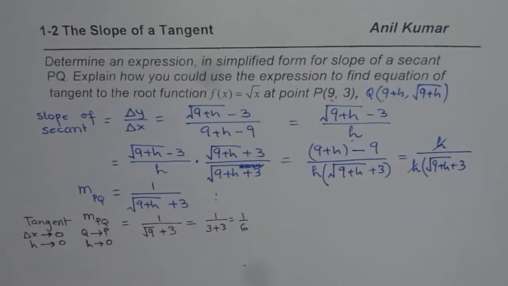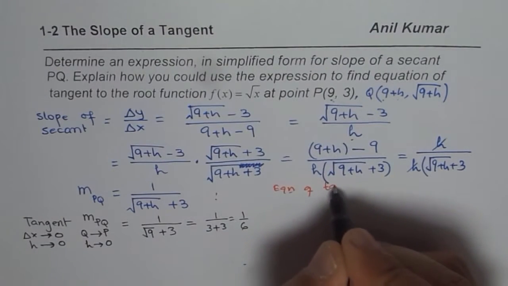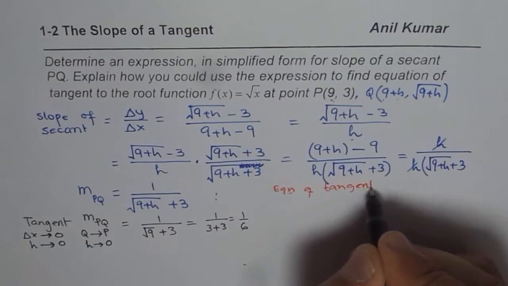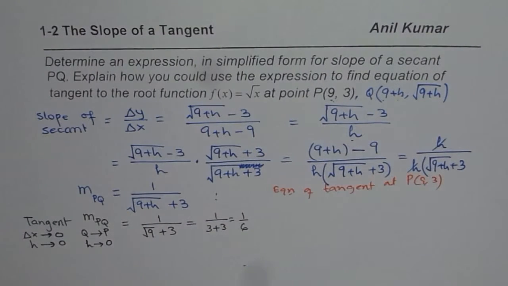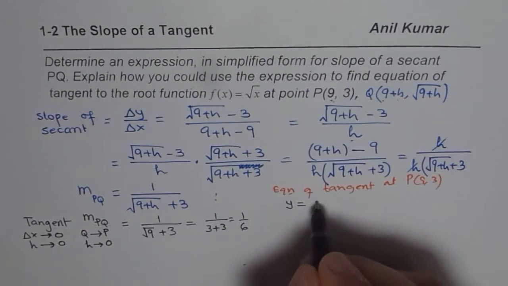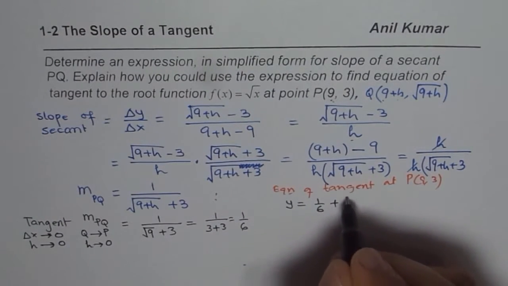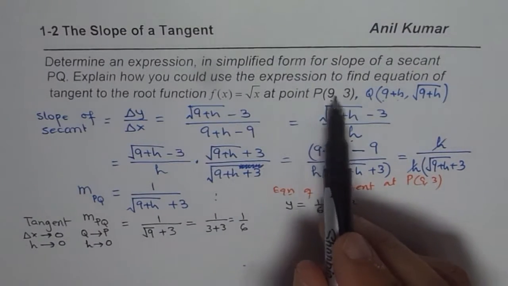Once you know the slope, then you can find the equation of the line. You could use the slope-intercept form. So the equation of the tangent at P, which is (9, 3), we can say y equals the slope 1 over 6 times x plus b, and to find the value of b, we can substitute the point (9, 3).